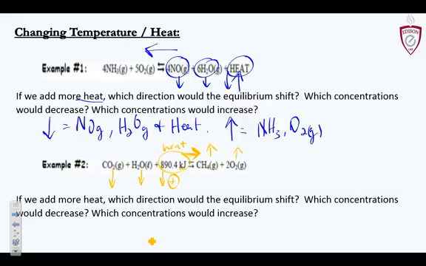Decrease first: carbon dioxide gas, H2O, and heat. Which concentrations would increase? Methane gas, CH4, and oxygen gas. Simple enough. Away from what you add, towards what you take.